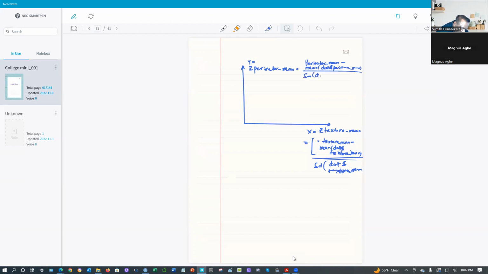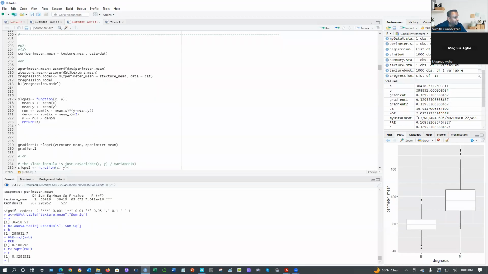Okay, go to that perimeter mean. Sometimes the spelling has some issues. So this part I'm talking about is the Z score.